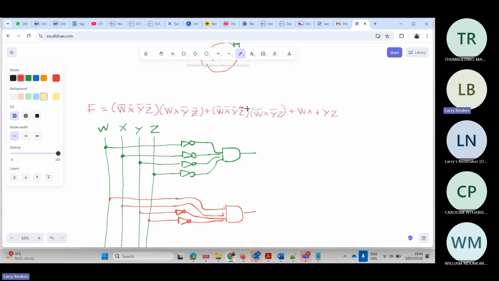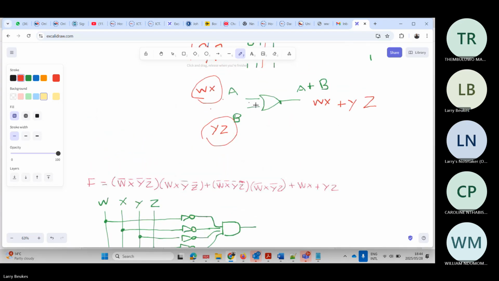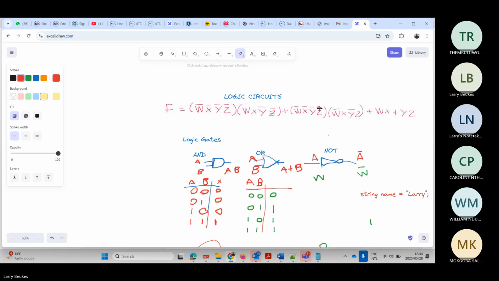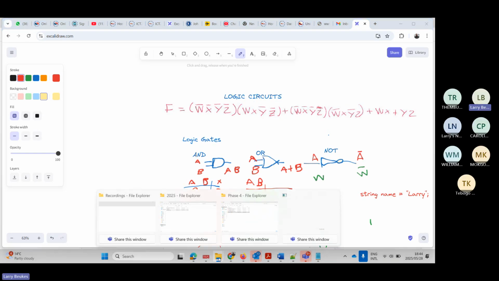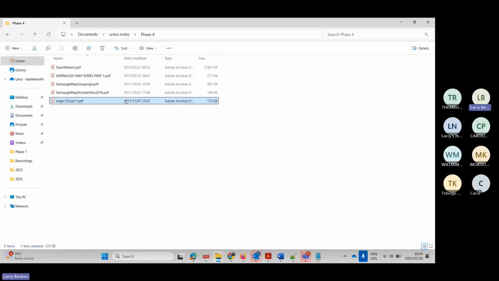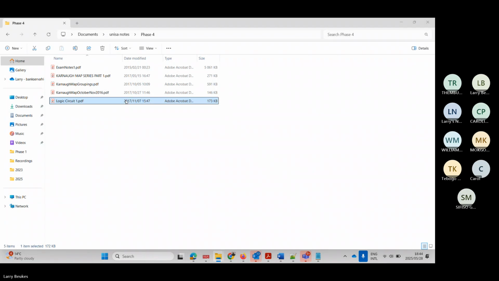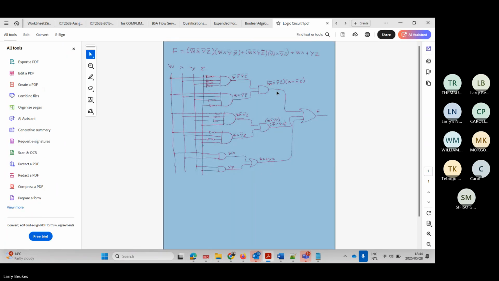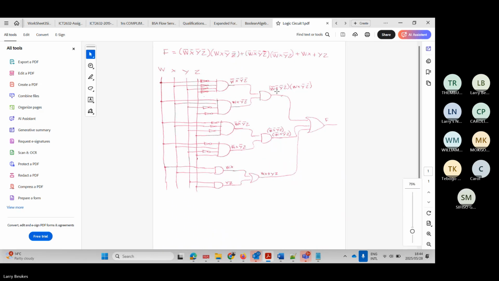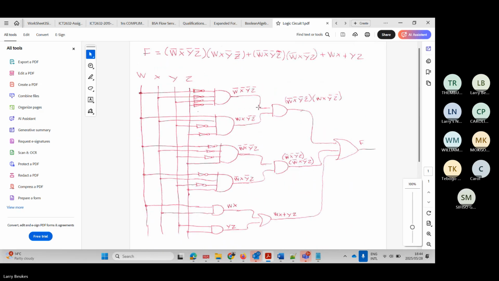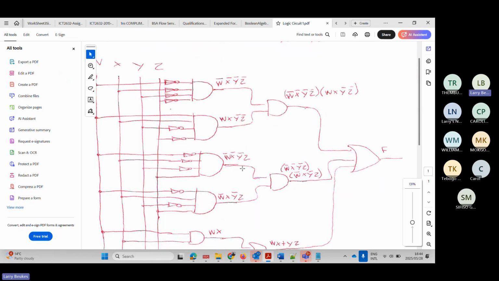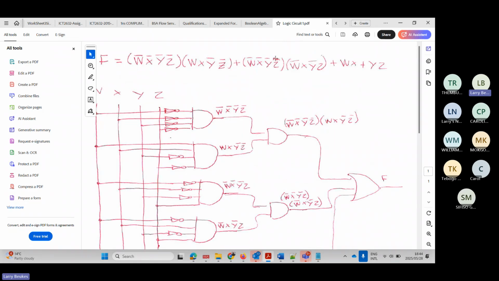What is this one? Is it not as well? Let's see. Let's just see from the question paper. Okay, let's remove it. Yeah, I see I canceled this out.